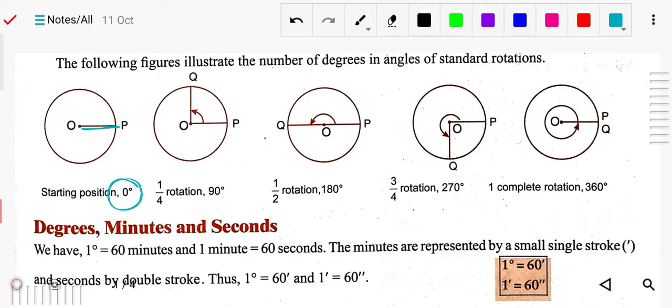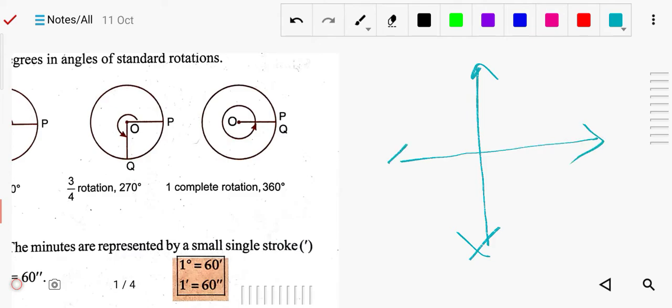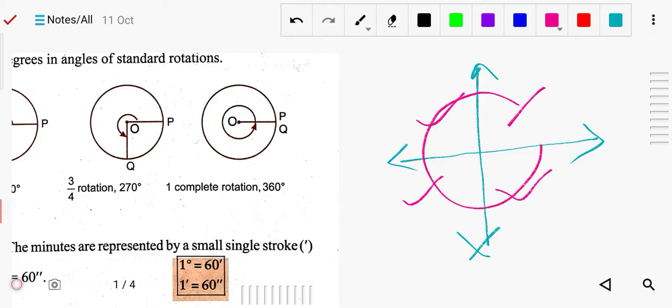Likewise, 1/4 rotation. If you see, it is divided into four parts, like 1, 2, 3 and 4, and this full circle is called a complete angle.